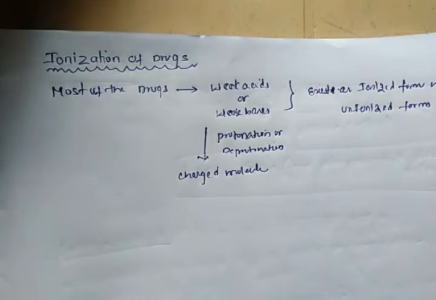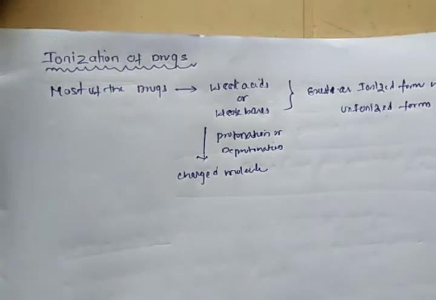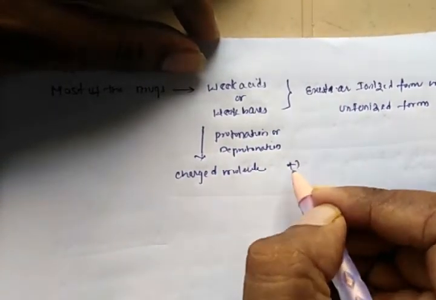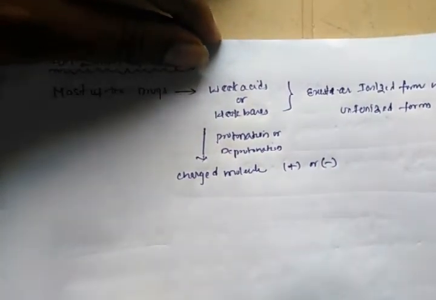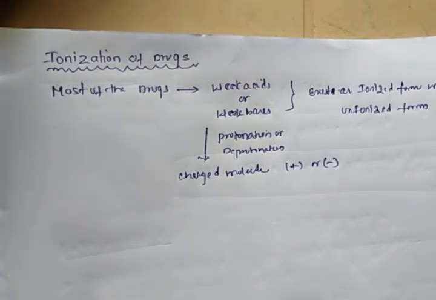Ionization is nothing but the conversion of an uncharged molecule into a charged molecule, such that a molecule may get a positive or negative charge when it undergoes protonation or deprotonation. Whenever these weak acids or weak bases interact with solvents like water, they undergo ionization and are converted into charged molecules.